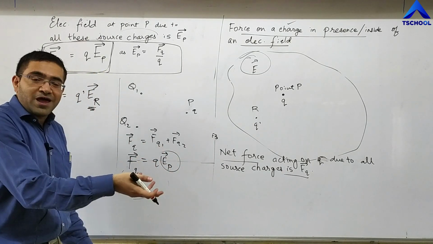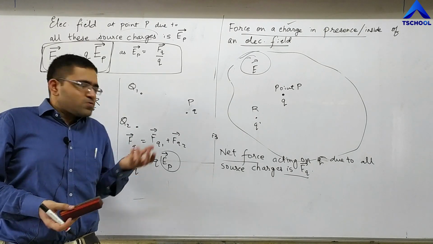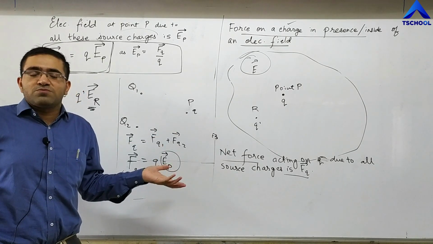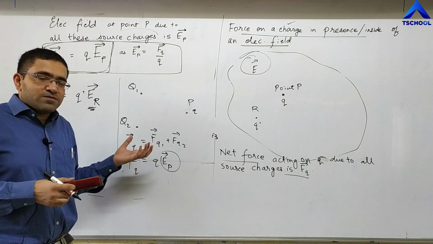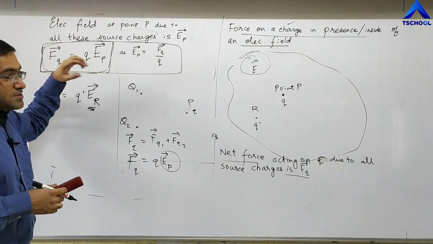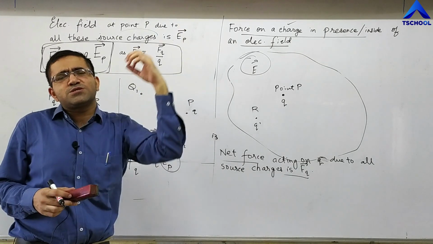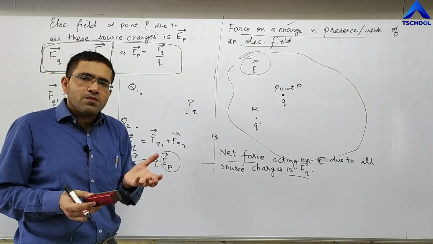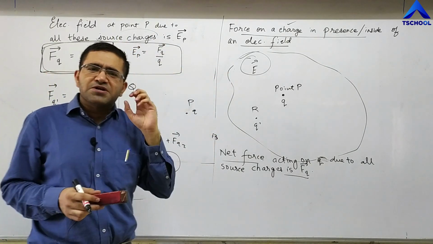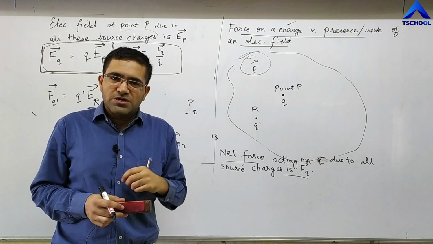You might have a question like that. To find forces, we don't need to find the field; we could use Coulomb's law, put the expression here, and it could be done. But we don't do that. Why? The reason is that sometimes the charge distribution, the way these source charges are arranged, makes it tough to calculate the forces individually.